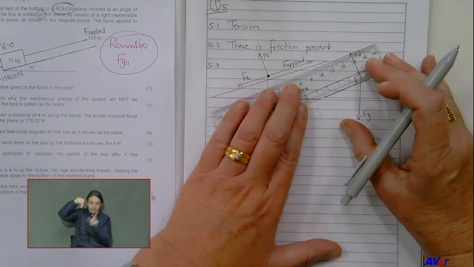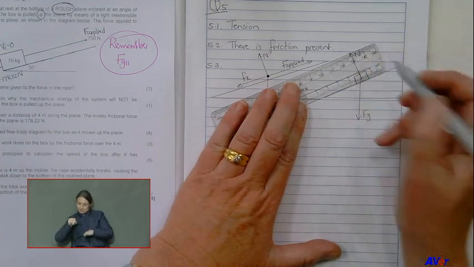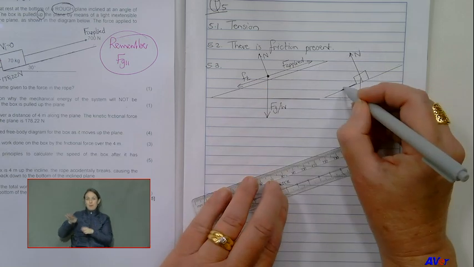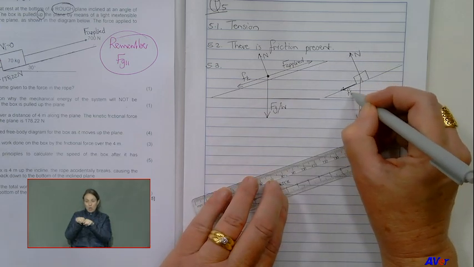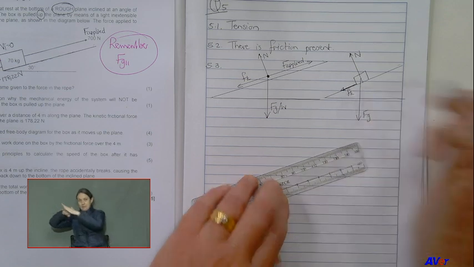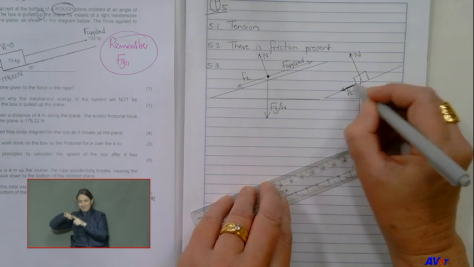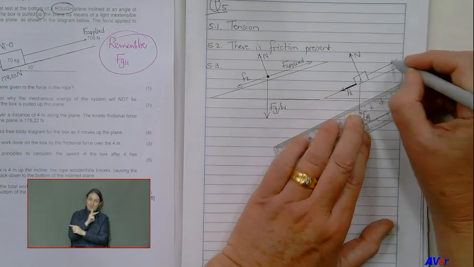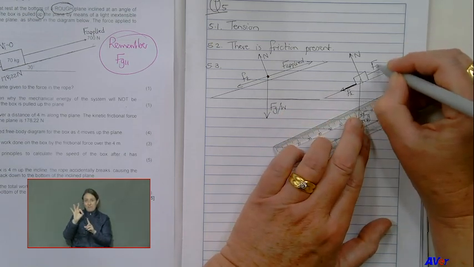Then the Fk must be at the bottom because the friction is between the surface and the object. So there's your Fk. Okay, and then your applied force, there's your F applied.